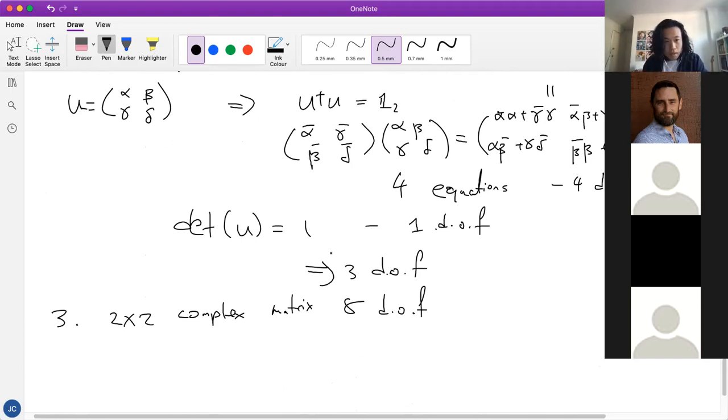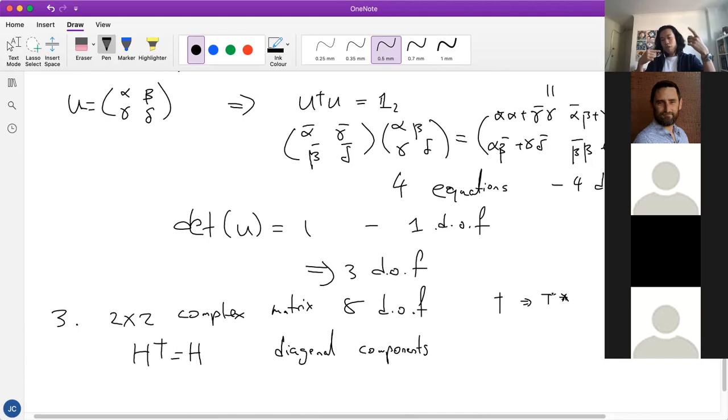For Hermitian matrices, we know that the Hermitian conjugate has to equal itself. If you don't know, the dagger means you transpose and then complex conjugate the whole thing. When you transpose, the diagonal components don't get moved. And if you require the complex conjugate to be the same as itself, then that means the diagonal components must be real.